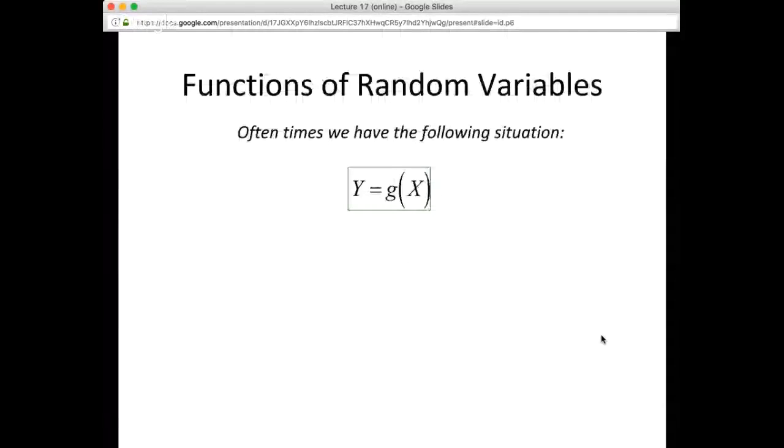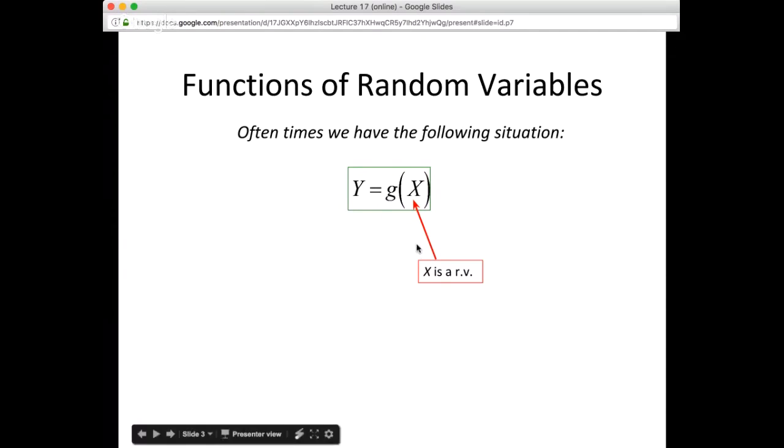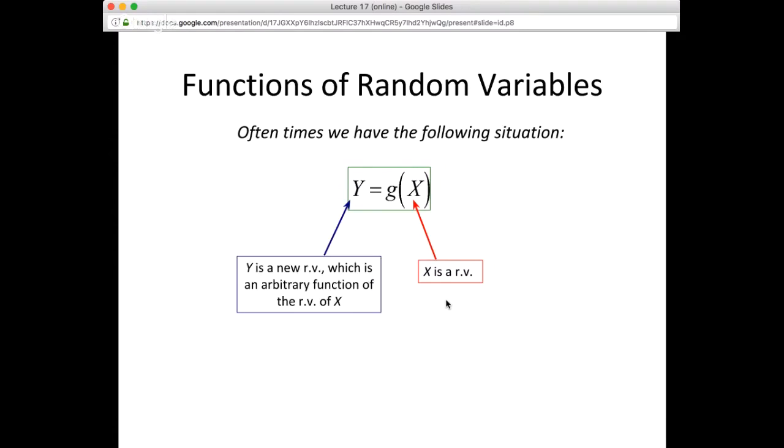Okay, so remember, this was the situation we were trying to address. We essentially have a random variable x for which we maybe have a probability distribution, either a PMF or a PDF. We also have a random variable y that we would like to calculate a probability distribution for, given a functional relationship between the random variables y and x, given here by little g.